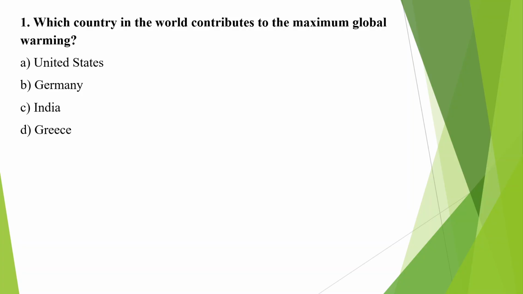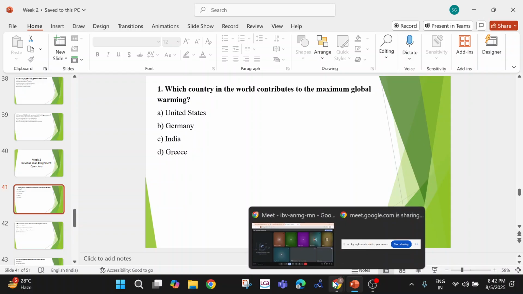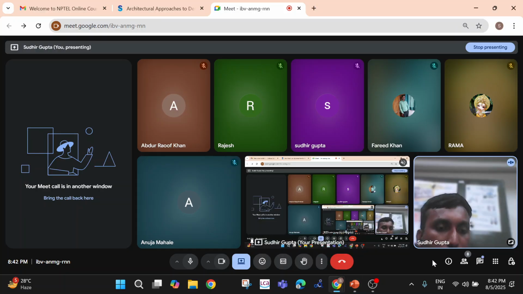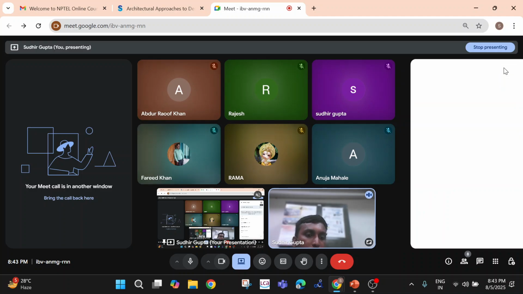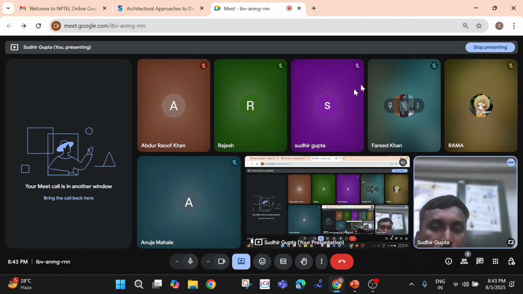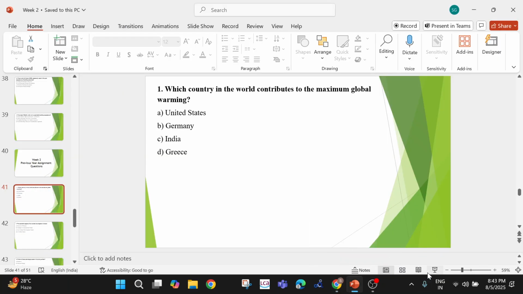As I can see, everybody is now able to answer the question and able to recall and understand. So this is something called visual memory. You have seen the chart, you have understood it, and you are able to visualize it. All of you have answered option A. What is option A? It is United States.